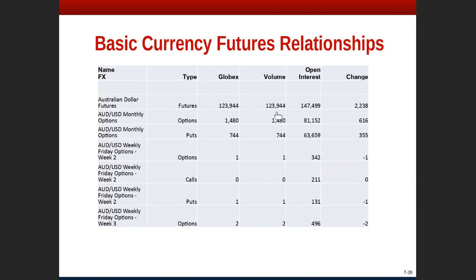That's the volume, the number of contracts changing hands in one trading day. Open interest gives you the total number of contracts that are still outstanding. You can see that open interest is always going to be greater than daily volume.